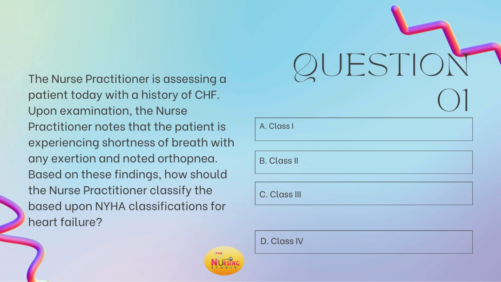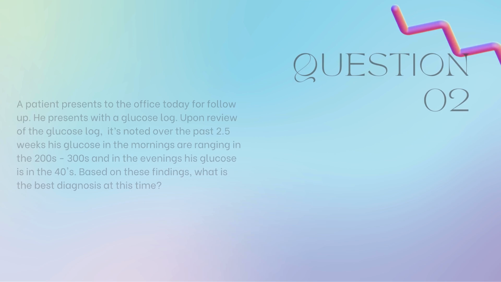So that's where orthopnea is. Orthopnea meaning when they lie flat, they feel winded or feel as though they're drowning. Those are those patients that need to be propped up, or they sleep in a recliner, or they sleep on 2 or 3 pillows and are able to get rest at night. Okay. So here, the best answer is D, class 4.